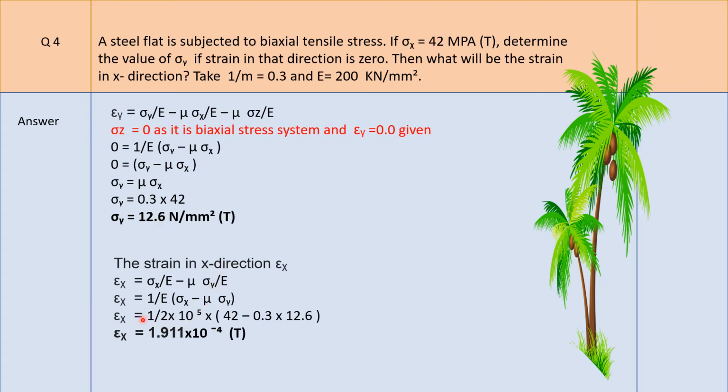Okay, so take the calculators in your hand and do the calculations. 1 divided by 2 exponential 5. Don't press 2 into. If you press 2 into, this 10 to 5 will go in the numerator.